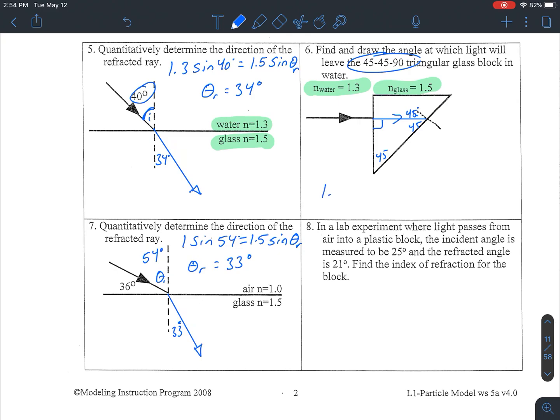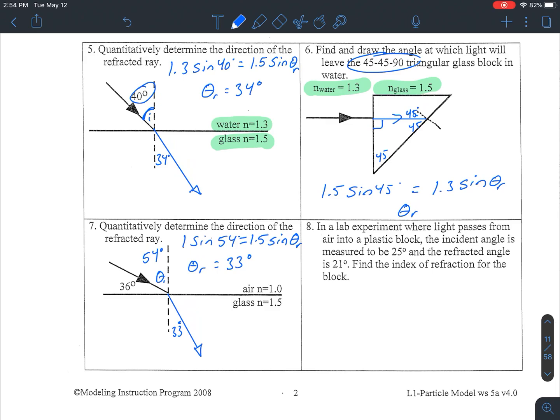So we're in the glass, so that's going to be 1.5 sine 45 degrees. Going into the water, 1.3 sine of, we're right here, and we're looking for that missing angle, not Q. And that's our refracted angle.